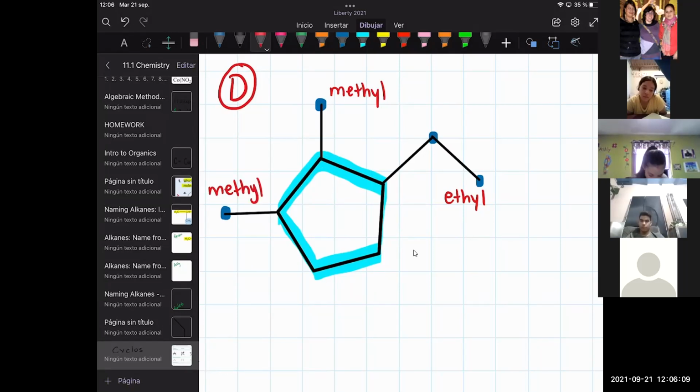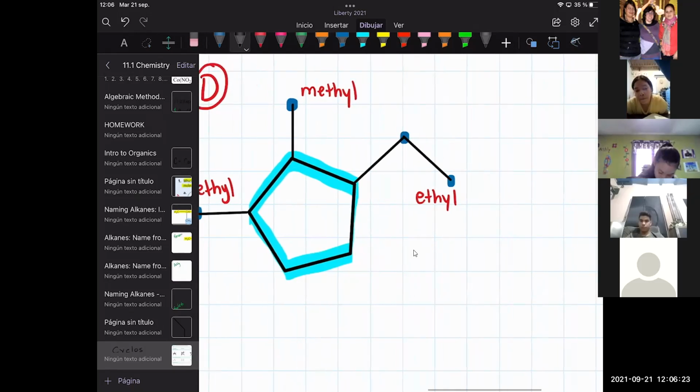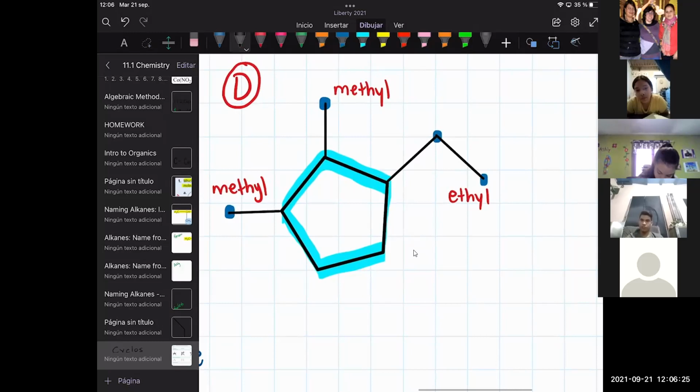Now here, how are we going to start numbering the cyclo? Follow the rule: we need to list the alkyls alphabetically. Now, what alkyl comes first, ethyl or methyl? Ethyl. So ethyl is going to come first. The reason is alphabetical order.